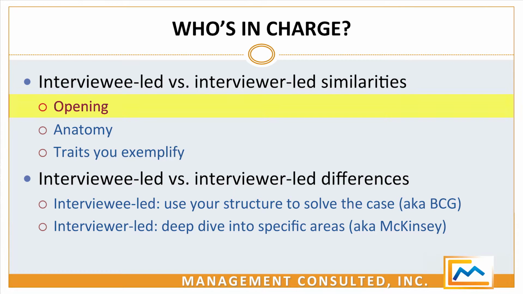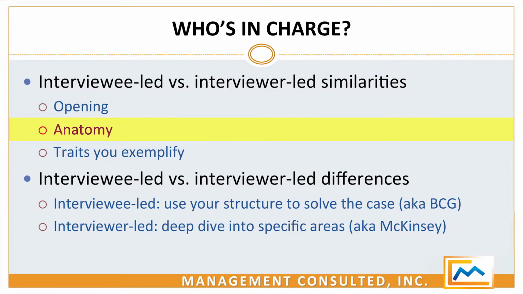The second piece is that as you're walking through the anatomy of the case, you're going to discover that all cases, whether you lead them or whether they lead them, if they're done effectively, have the same anatomy. So you open up with the same 5 pieces all the way through the game plan. Then afterward, you're going to go backward and forward between quantitative questions and creative questions.